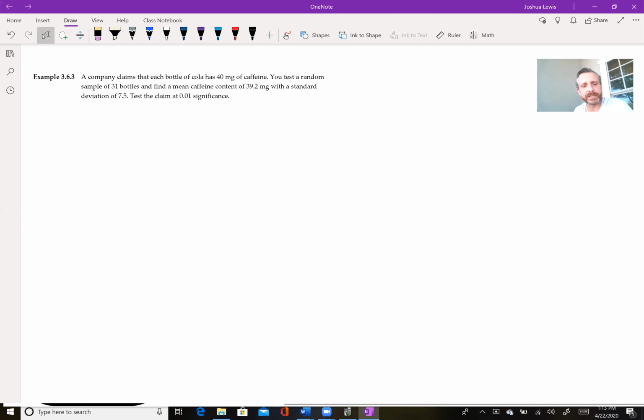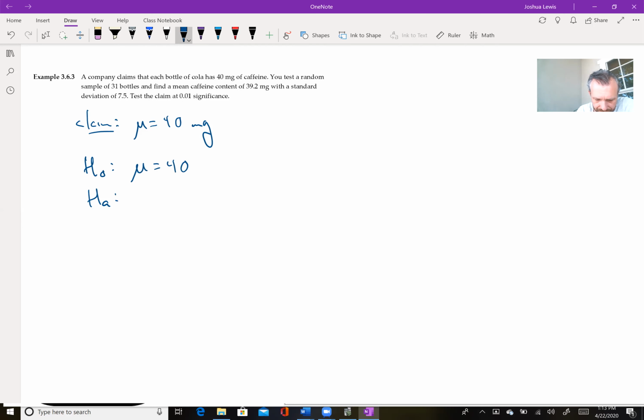We're going to focus just on the mean here. So the company is making the claim that their product has 40 milligrams of caffeine. There's our claim. It's been mathematicized. Let's place it. The claim includes a statement of equality, so it is going to go in my null.